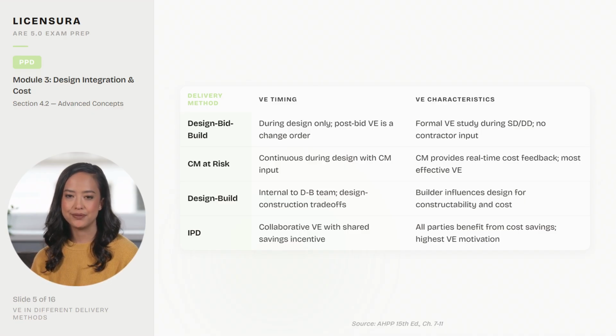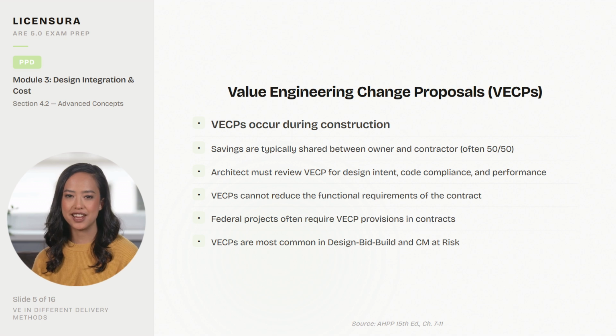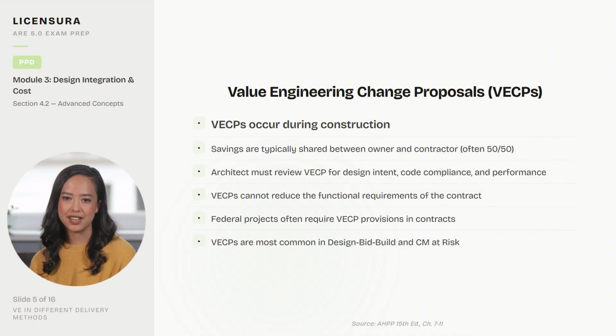This table provides MEP space allocation rules of thumb that architects must incorporate during early design. Main mechanical rooms require 3 to 8% of gross floor area with 12 to 16 feet clear height and access for equipment replacement. Electrical rooms need 200 to 400 square feet per floor, with NEC-required 36-inch minimum clearance in front of panels.